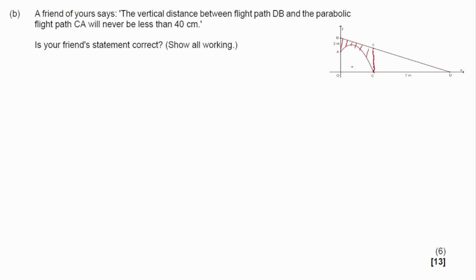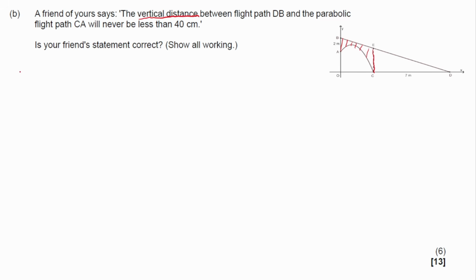So what we need to do is, he's saying that it will never be less than 40 centimeters. So he's saying the minimum is 40 centimeters. It will never be less than that. So in terms of working with minimums, we have to use optimization. So first we need an equation that we're going to optimize. And we need to find out the vertical distance.